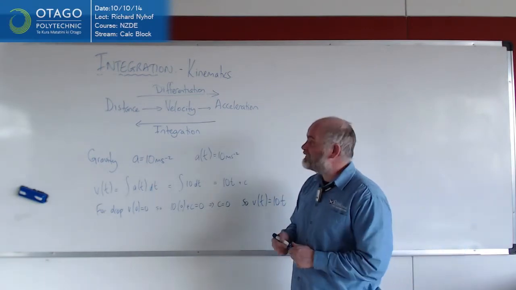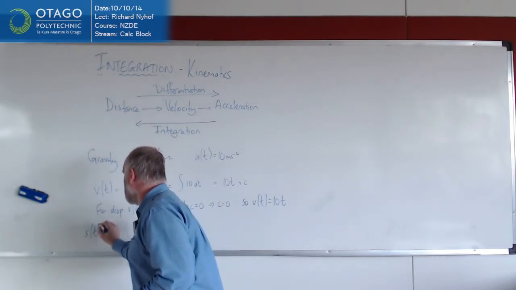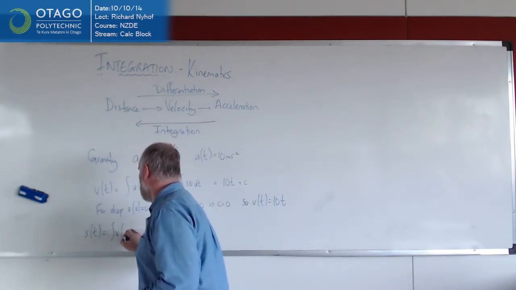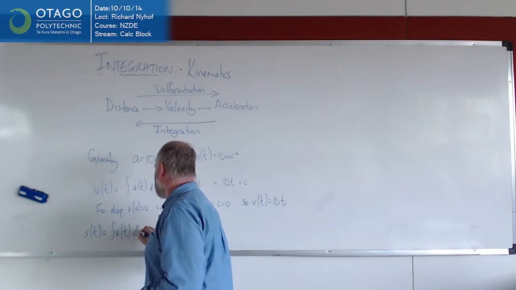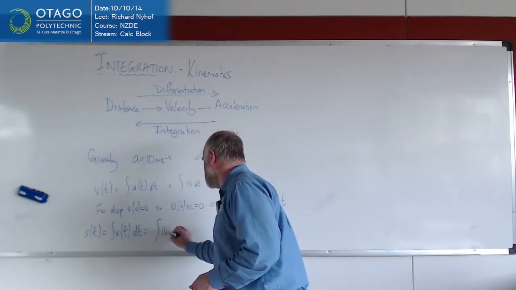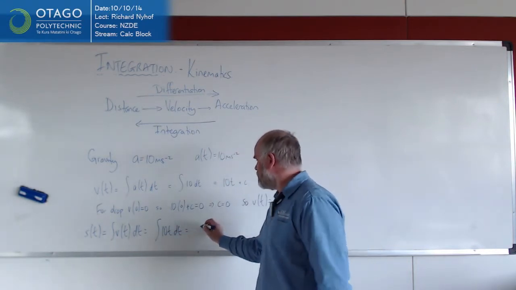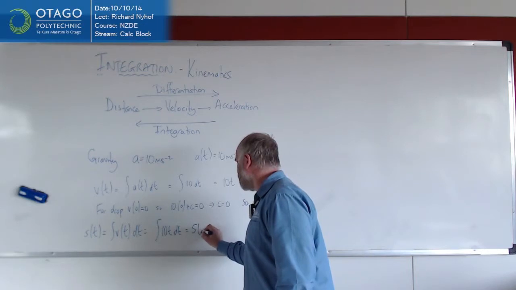And now I can work out the distance as well. Coming back to finding the distance, it's just the integral of the velocity, which is the integral of 10t dt. If I integrate 10t, I get 5t squared.